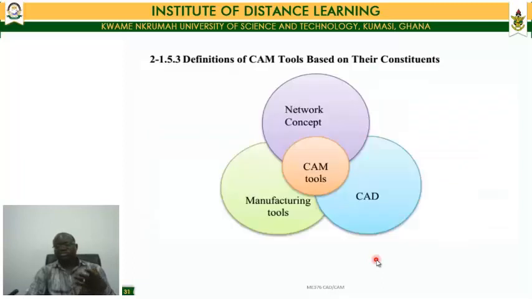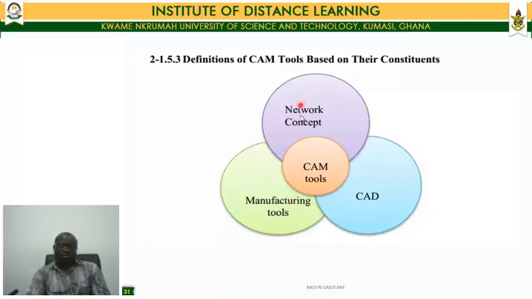Alright. Now, if you look at CAM, computer-aided manufacturing, in the same way for a computer-aided manufacturing tool, you basically need a CAD drawing or a CAD model. And then you need manufacturing tools.